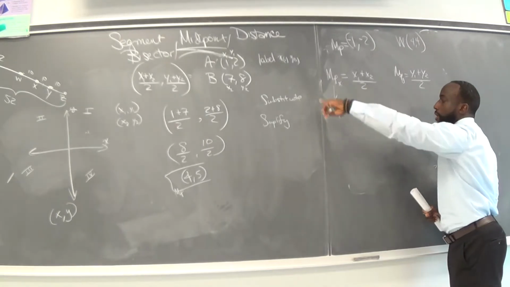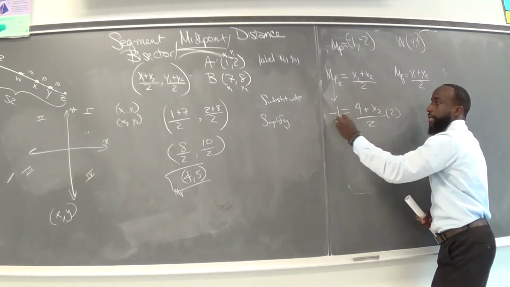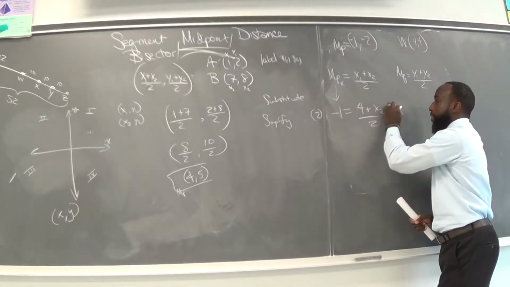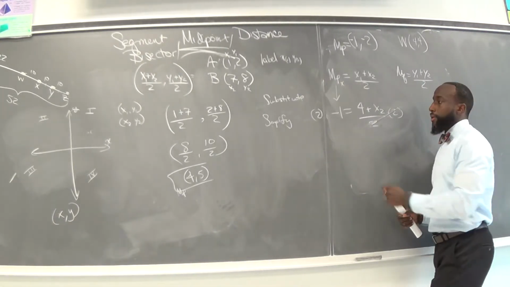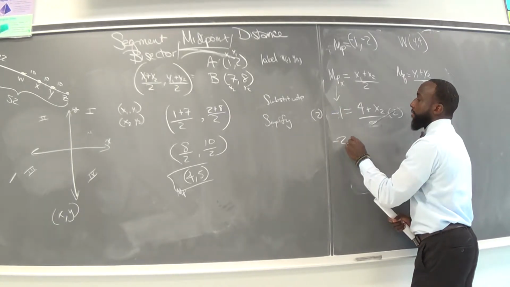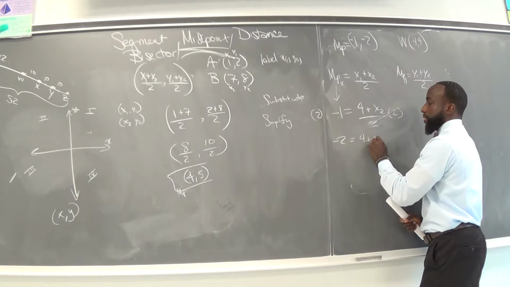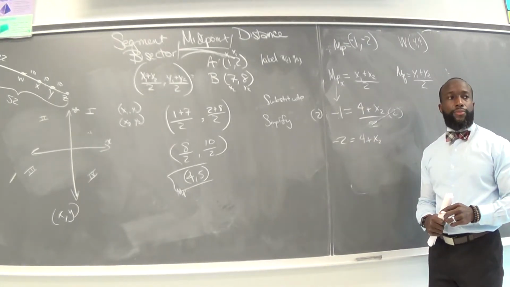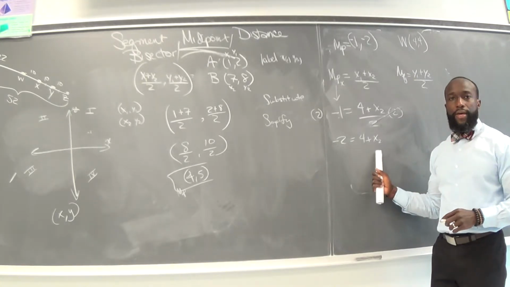We gotta multiply 2 to both sides. There's a 2 at the top, 2 at the bottom. There are no 2's over here anymore. 2 times -1 is -2. -2 equals 4 plus x2. And then we solve for x.